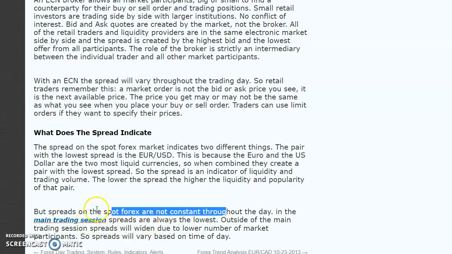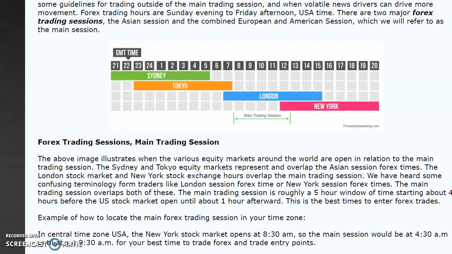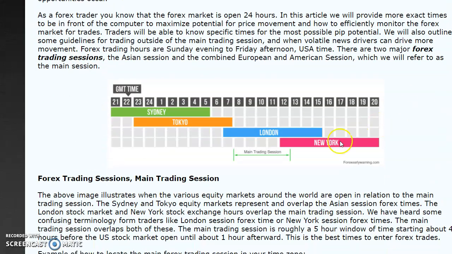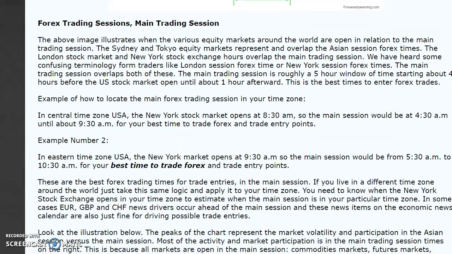You can click on this link right here and we'll talk about the main trading session. The main trading session is the combined London-New York session. Okay, if you go to that link, you'll find this article, Trading Sessions. And so you'll have some liquidity and low spreads in the Asian session. The absolute lowest spreads will be in the main trading session.